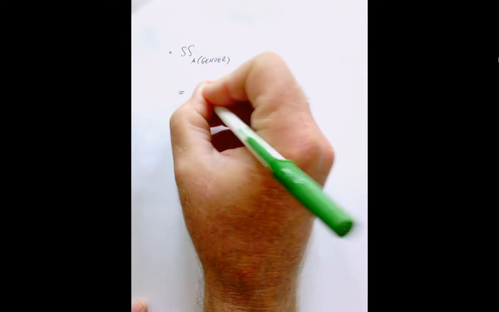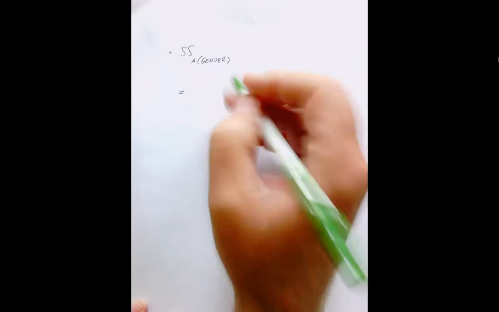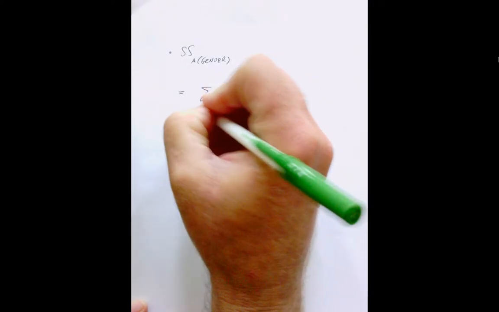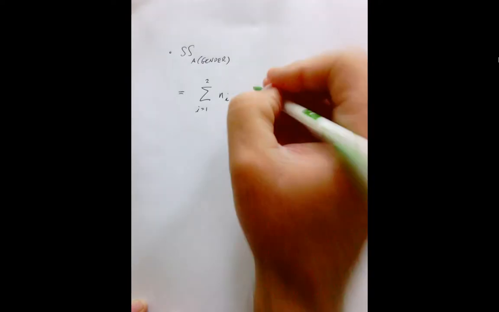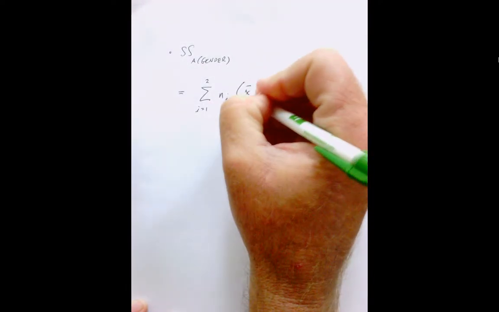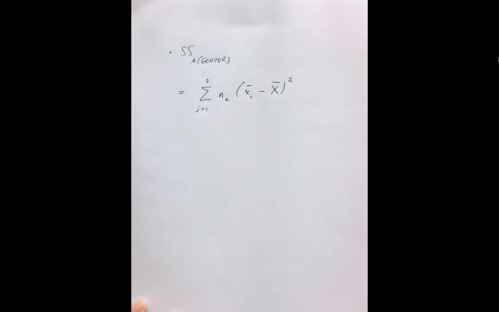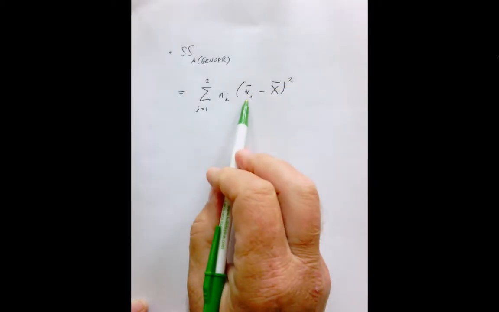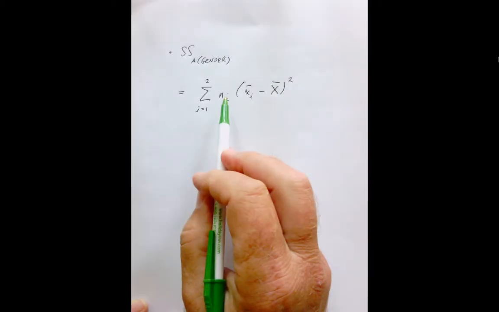Now, something I expect you to know by now is that the sum of squares over gender would be calculated by taking i equals 1 to 2 for the group means, so the group mean minus the grand mean, quantity squared, times the sample size.